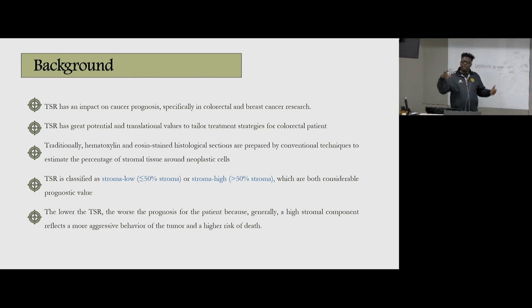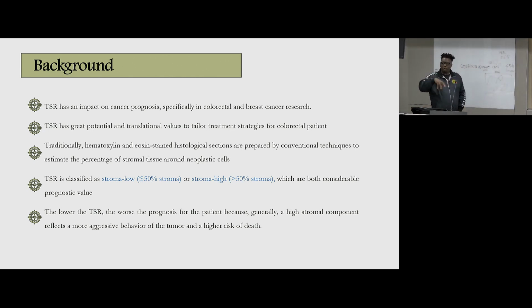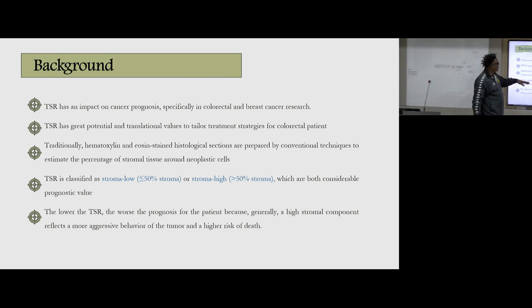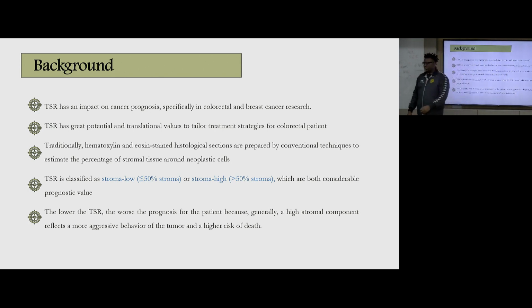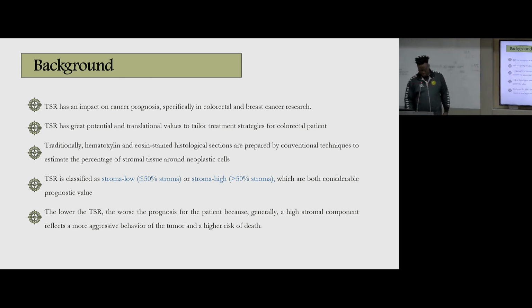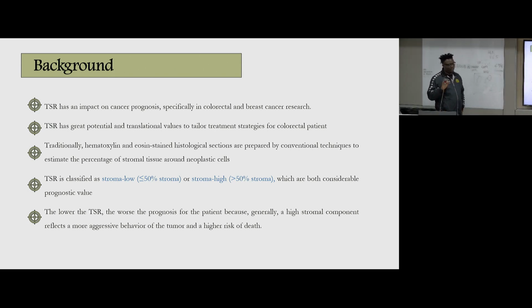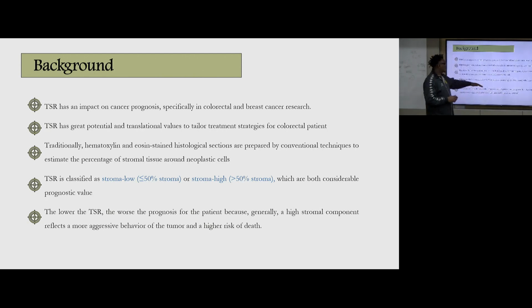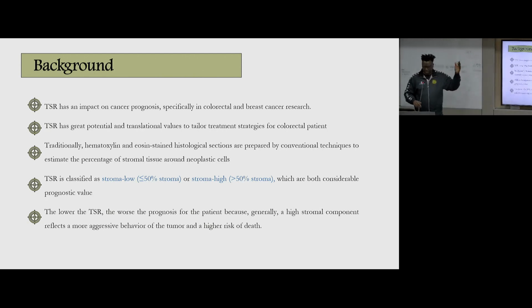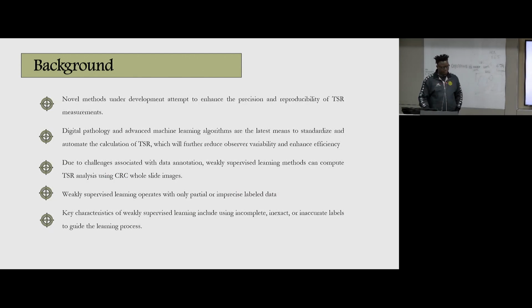We look at the proportion of stroma inside the tumor microenvironment. If this value is less than 50%, you can qualify it as stroma low, and more than 50% is stroma high, for example. A lower TSR means a high stroma value, and it goes with a worse prognosis.